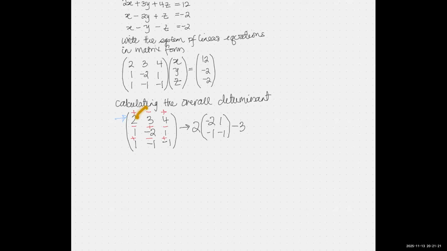Whatever row or column it appears in, I'm crossing it out. What I'll be using are the 4 digits outside, which will be what? 1, 1, 1, -1. Good job. 1, 1, 1, -1. And I finish with that.